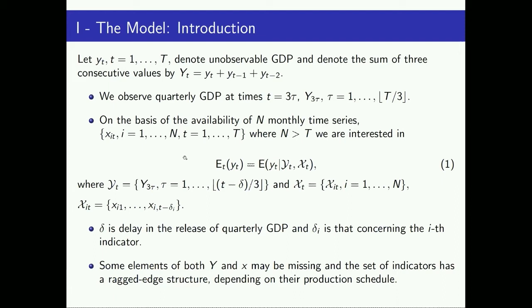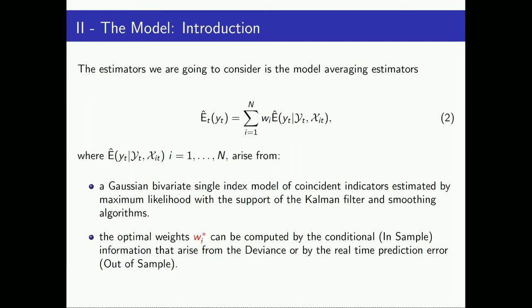We are interested in the conditional mean, and we use a bivariate model for each single indicator that we are considering. But to get the final estimate of the GDP, we need a weighting scheme, and this is the argument of the second step.